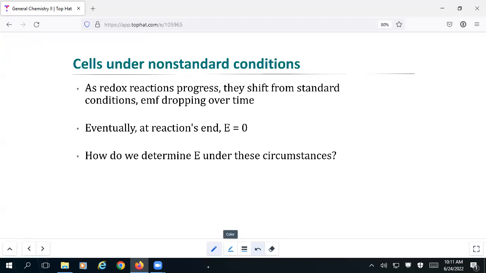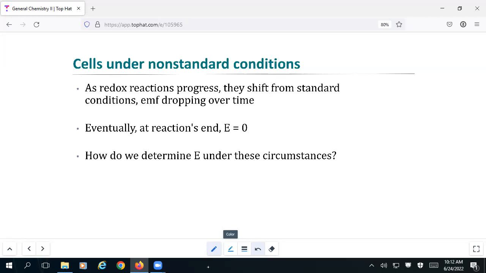Okay, so we've done a lot of coverage on these manipulations when we are at standard conditions. Again, standard conditions, 1 bar of pressure, 1 molar solution, 25 degrees Celsius. But the thing is, as these reactions proceed, they're eventually going to slow down.